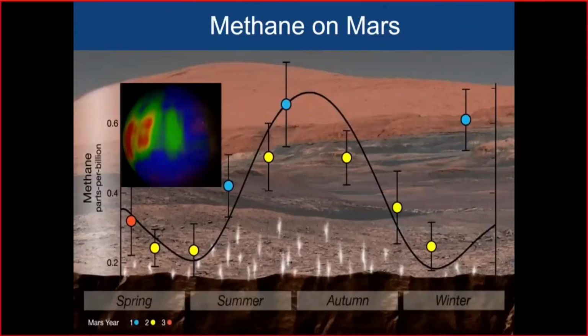This is also substantiated by the fact that the Curiosity rover has a specific instrument called TLS, a tunable laser spectrometer, which has the ability to detect methane even in very small amounts. What they found, although the methane on Mars is now very little, in ppb, about 0.4, 0.6, is that their observations suggest there is a seasonal cycle.